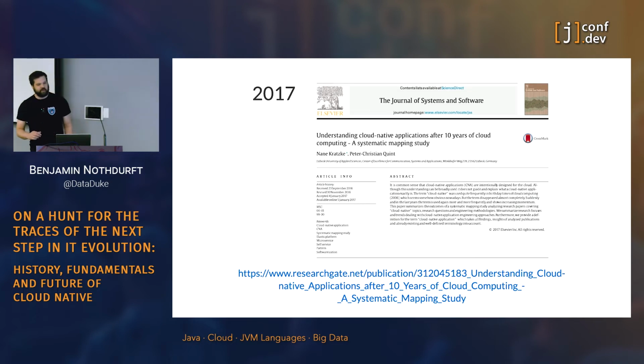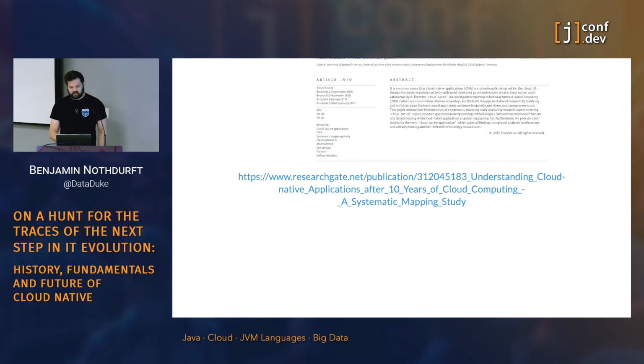Then there was a very big and maybe the most famous paper, by Kratzke and Quint. They were giving an overview of 10 years of cloud computing. In the next slides, I want to step a bit into it. What did it already include, and what was part of cloud native at that time?